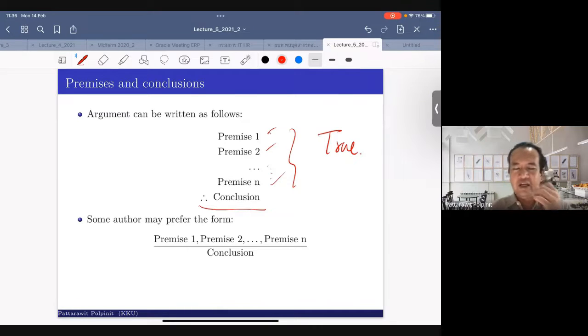If an argument is valid, the conclusion can be drawn from all the premises, and there is no other choice. If the conclusion cannot be drawn or is not conclusive, then the argument is invalid.